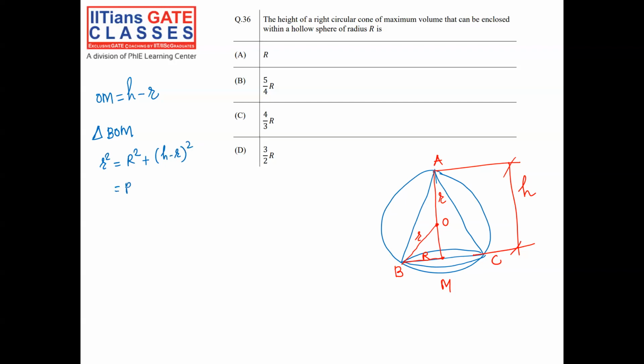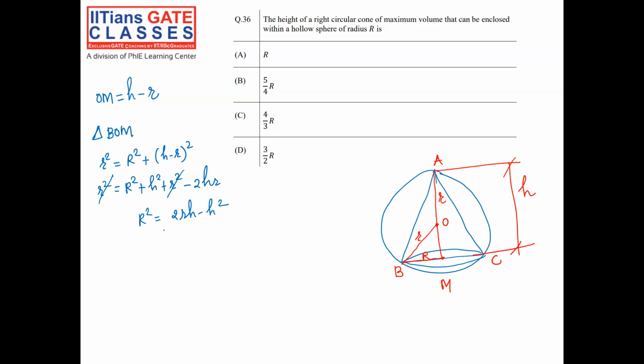If you further solve it, it is R square plus h square plus r square minus 2hr, and this is r square on the left hand side. This will get cancelled out, and we can say that R square is equal to 2rh minus h square.